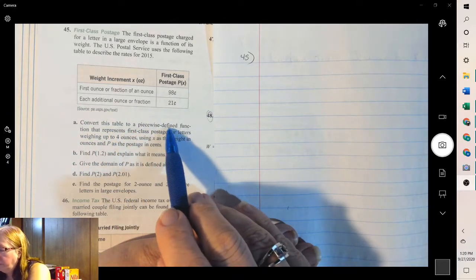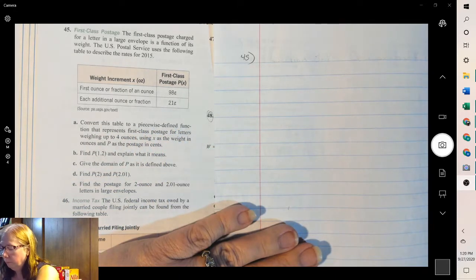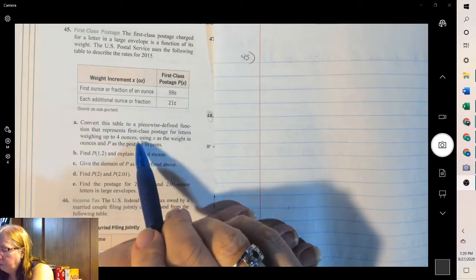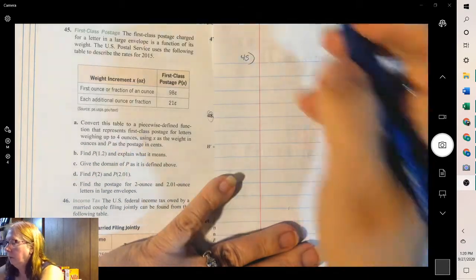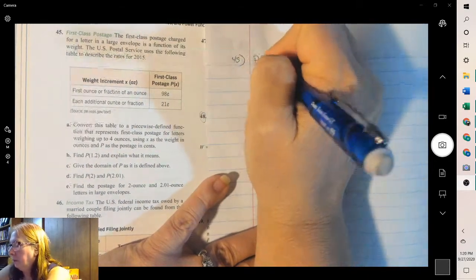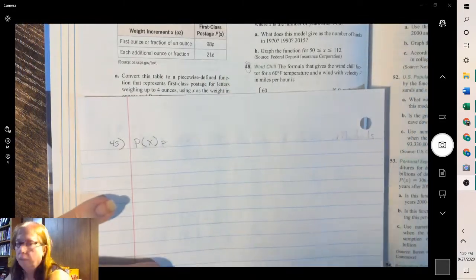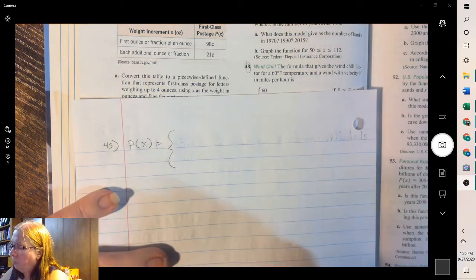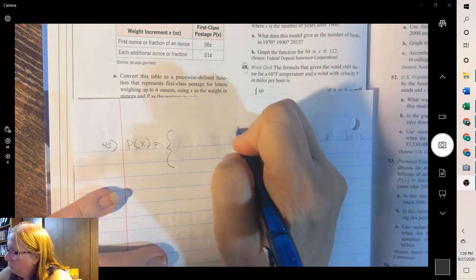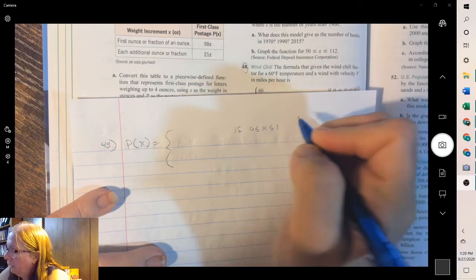Convert this table to a piecewise function that describes first-class postage letters weighing up to 4 ounces. Use X as the weight in ounces and P as the postage in cents. So P of X equals... well, we might need more than that because we're going 0 to 1 ounce.